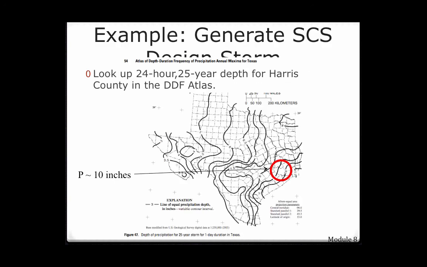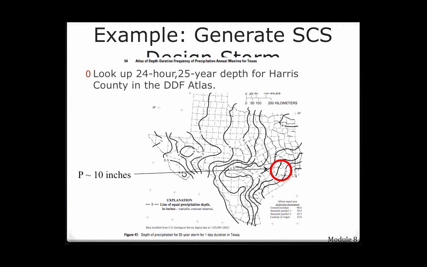So look up the 24-hour, 25-year depth for Harris County. This probably should be getting old for you now. Depth of precipitation, 25-year, 24-hour, which is the same as 1 day. County of interest is right there, and the total depth is about 10 inches.